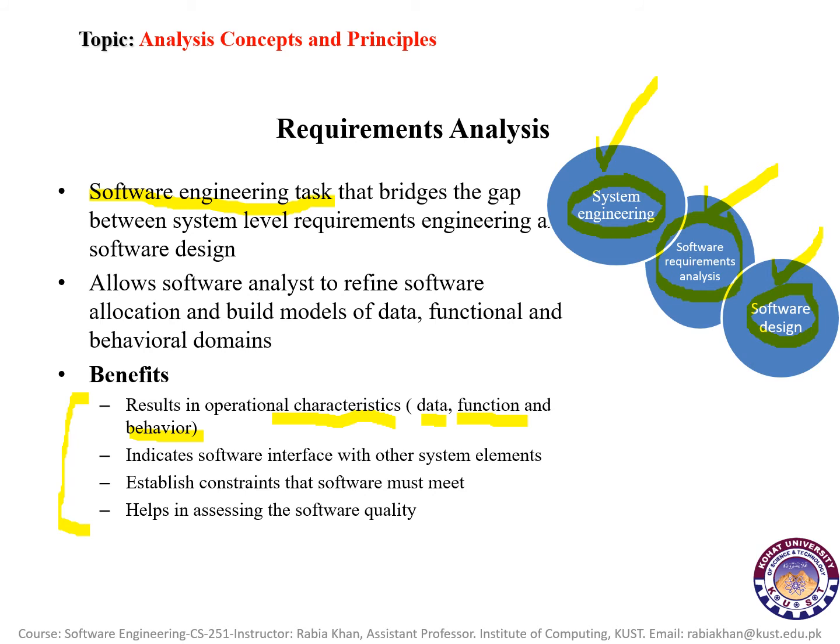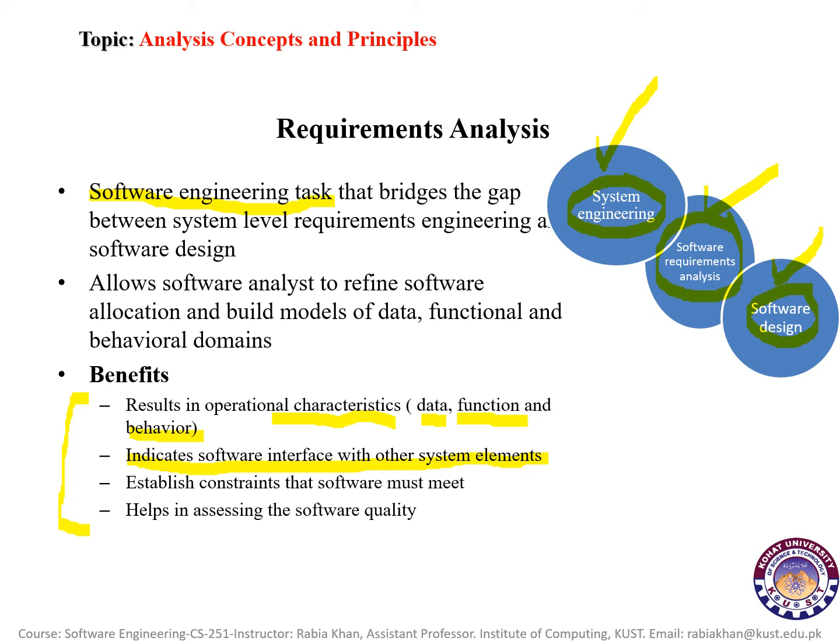Another benefit that requirement analysis provides is to indicate the interfaces of the software with other system elements. For example, how your software is going to talk with different types of hardware, with different types of operating systems, with different types of other software elements.